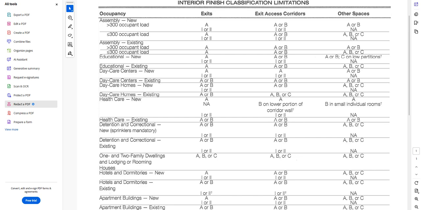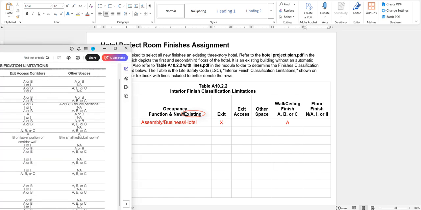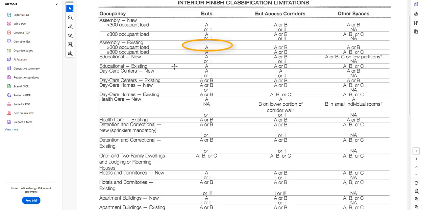The reason being is that A is the most stringent, and there's no other options available to us. So that will be the most stringent we could have. So for floor and for ceiling and wall finishes, it's just A. So we need to just find out floor finishes. And for the assembly space, there is no finish listed.